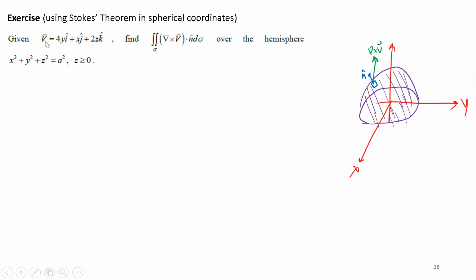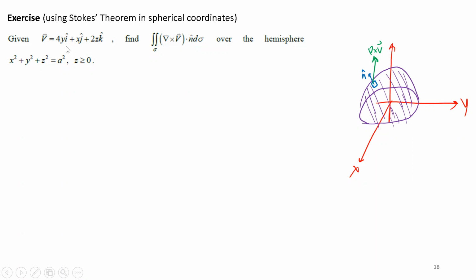So do we want to change all the field to spherical coordinates and then do things, or do we just take the curl of V first in Cartesian coordinates and then convert that to spherical coordinates? In fact, in this case, if I just look at it, I will see that it will be quite a bit of work even to convert this field to spherical coordinates to begin with.